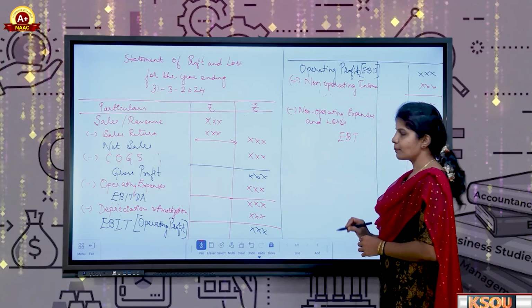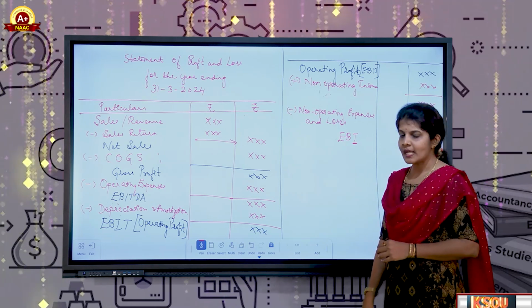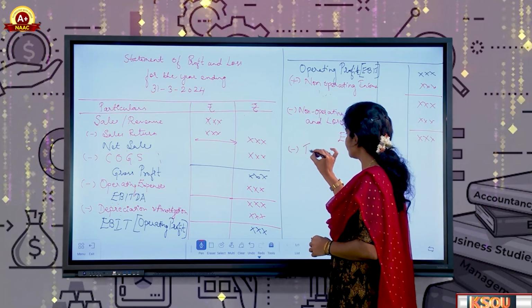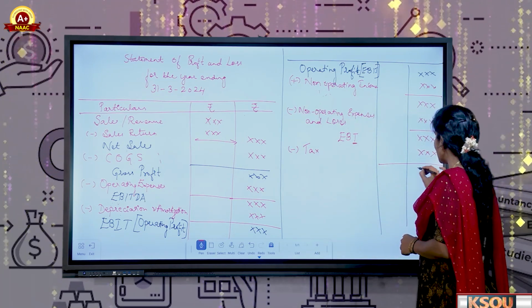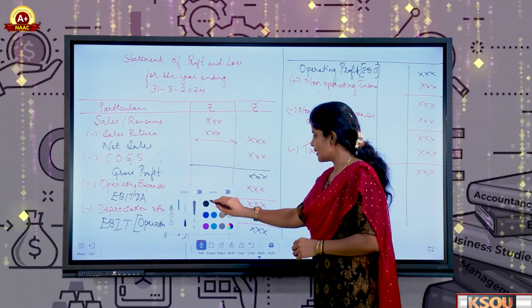So from this earning before tax, we need to deduct one item left out, that is tax. So now deduct tax. If you deduct tax, the balance we get is called EAT.